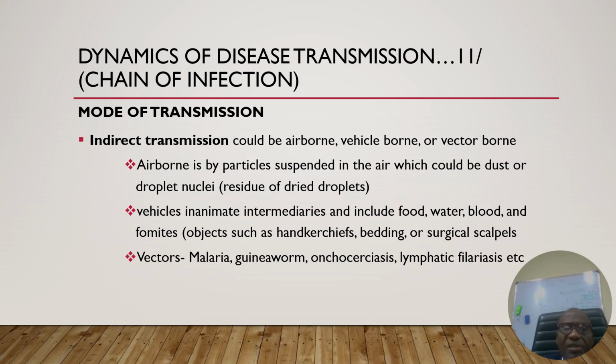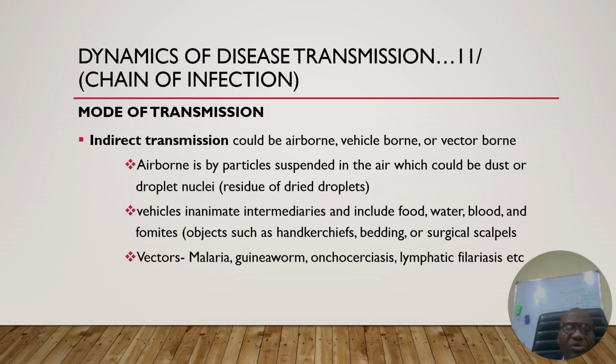Transmission can also be indirect: airborne, vehicle-borne, or vector-borne. Airborne refers to particles suspended in the air, which could be dust or droplet nuclei. Vehicles are inanimate intermediaries and include food, water, blood, and fomites, which could be sources of transmission. Examples of these are handkerchiefs, beddings, or surgical scalpels.